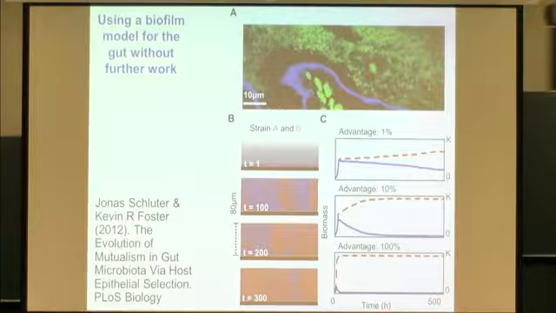So the problem is that they used a standard biofilm model appropriate for modeling biofilm growth in a flow cell and used it as a model of the gut without any changes. It may give the right conclusions, I don't know, because I haven't tried it with more realistic assumptions.